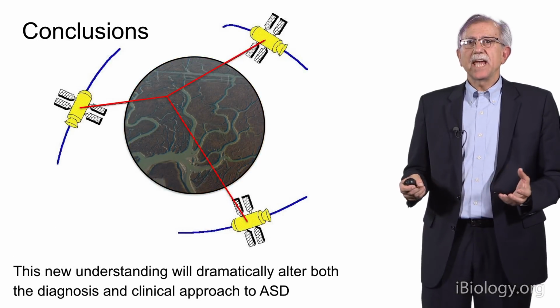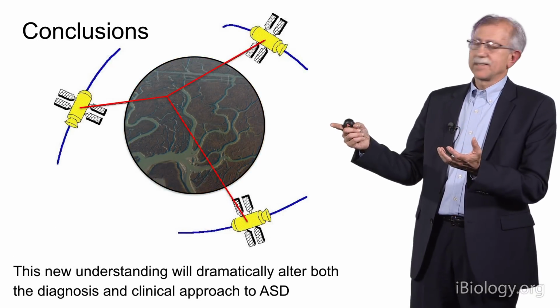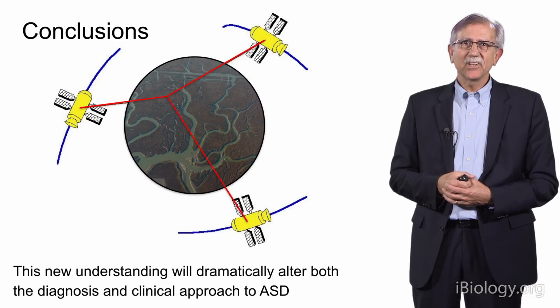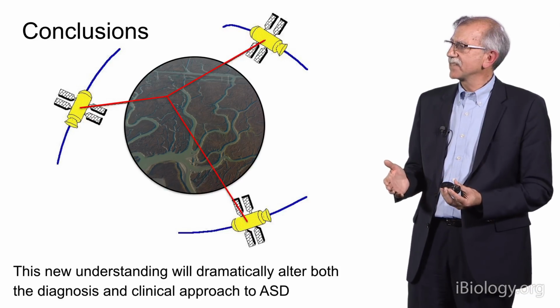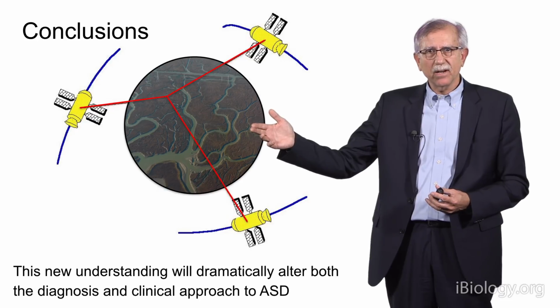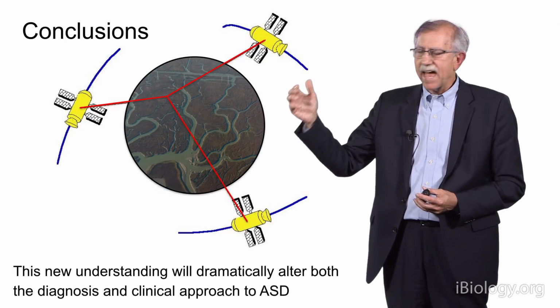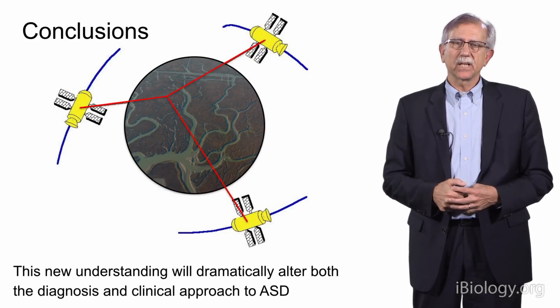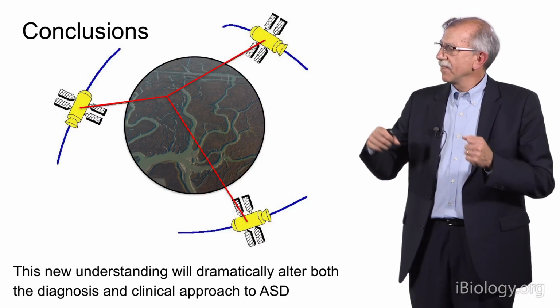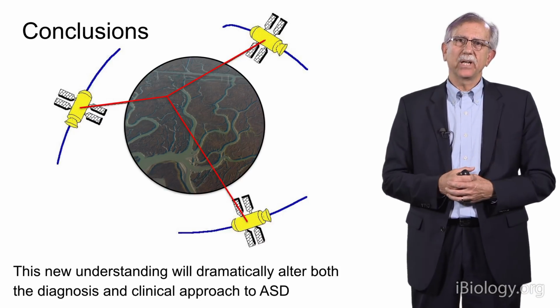So where the field is taking us is GPS, that molecular genetics is going to hand us the ability to know exactly where we are in the wetlands, and that is going to accelerate the development of more specific therapeutics that move us out and where we need to be.